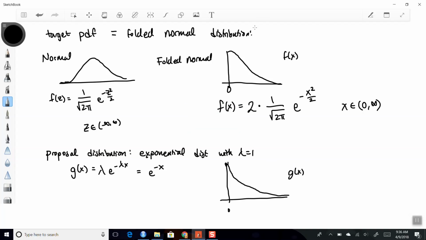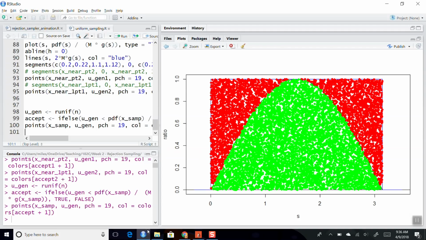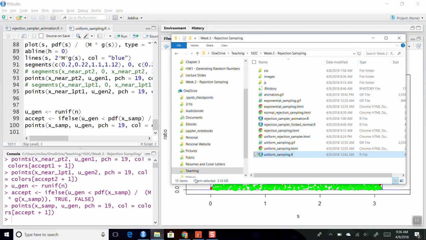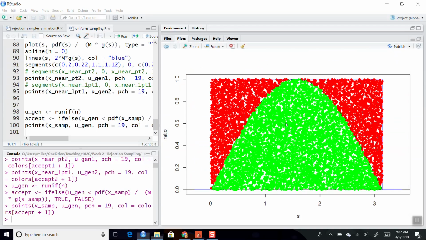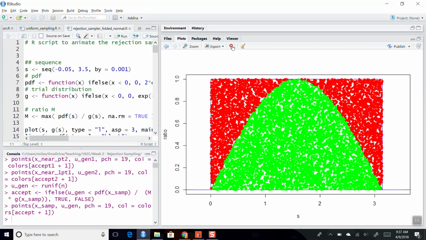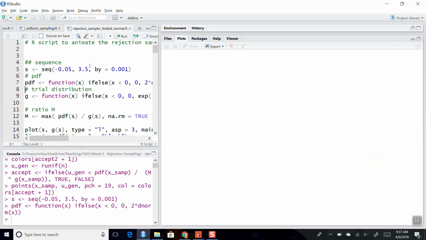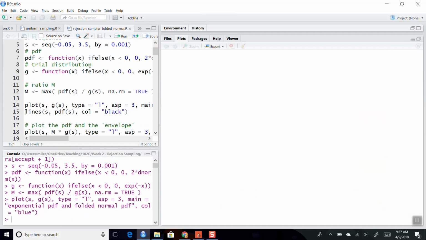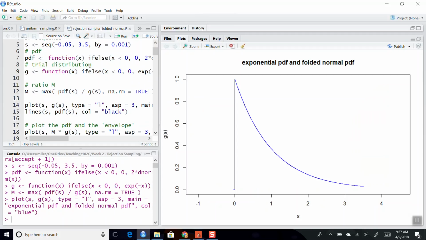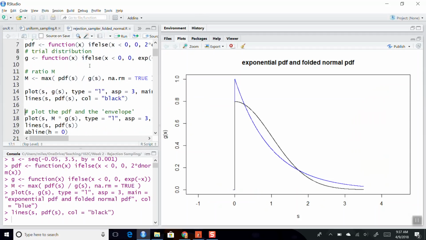So let me just kind of plot these two things. Okay, so that's the exponential distribution. And so in blue we have the exponential distribution, and in black we have the normal PDF, okay?